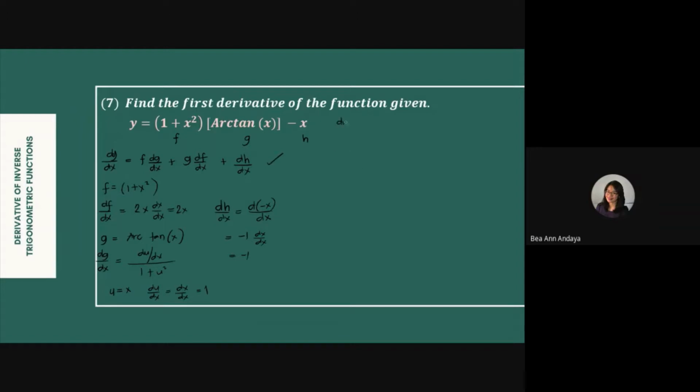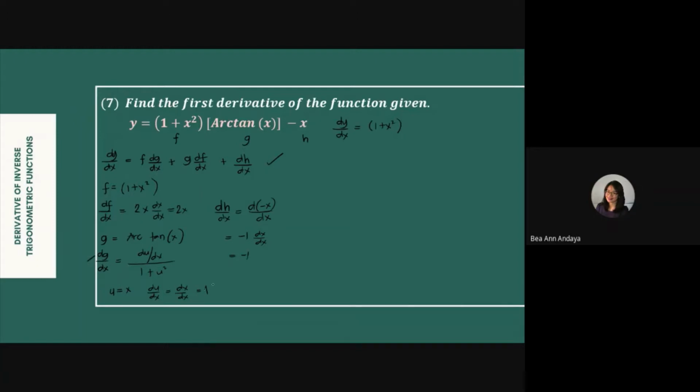So, let me just write it here that the dy all over dx is equivalent to f, or that is 1 plus x squared. Derivative ng g with respect to x, saan yung nilagay natin kanina? Ito.